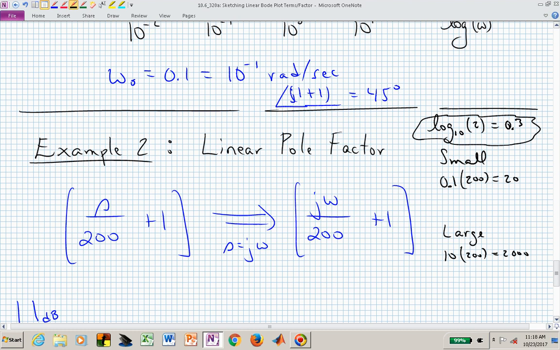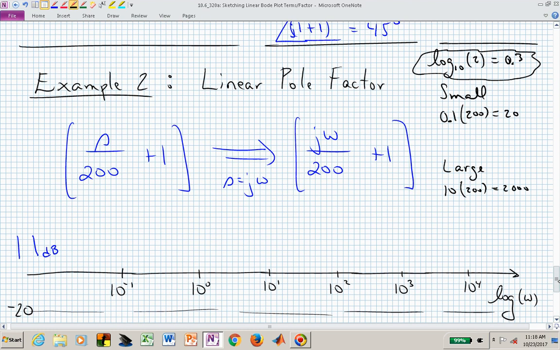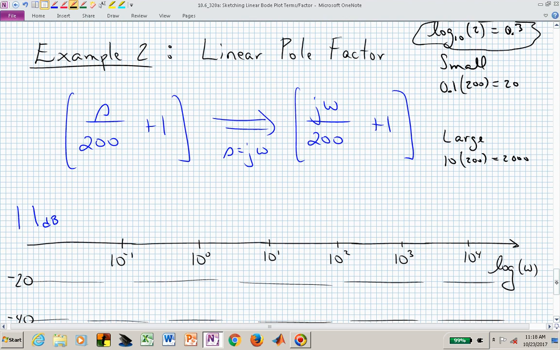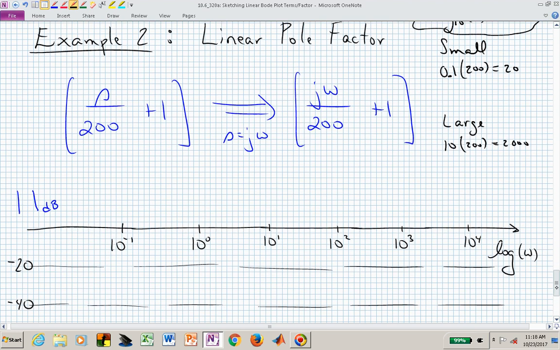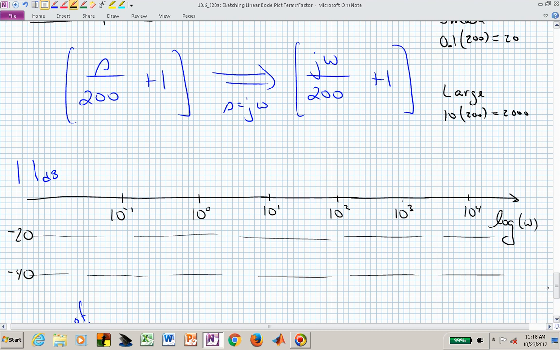So now 20 is actually going to be 30% of the distance between 10 and 100. 2,000 is going to be 30% of the distance between 1,000 and 10,000. What I'm meaning by that is when we start sketching the phase, those fractions of distance between tens and 100s and 1,000s and 10,000s will become important.